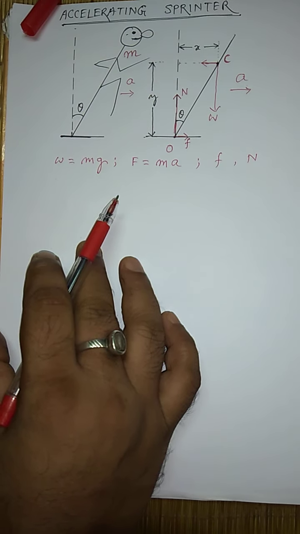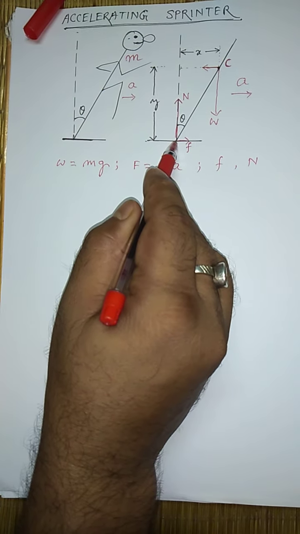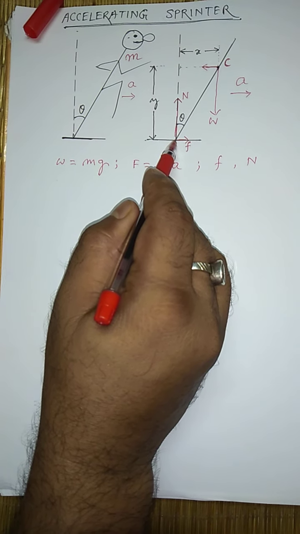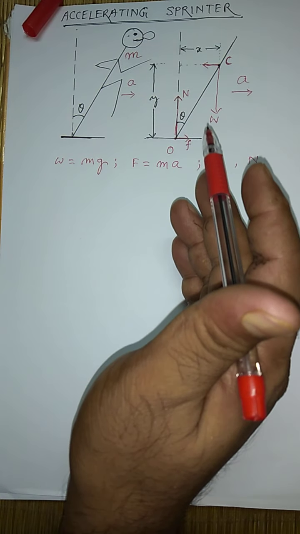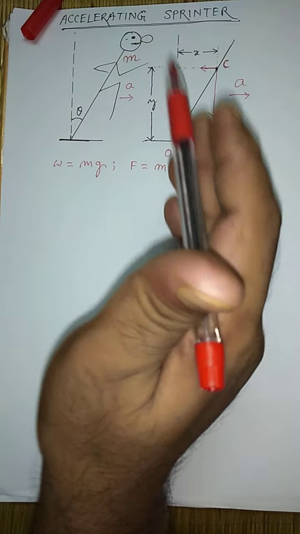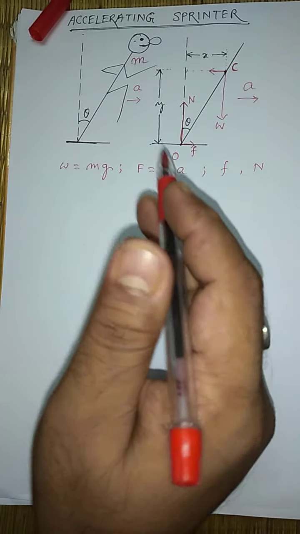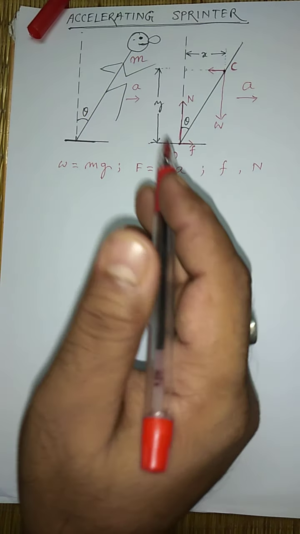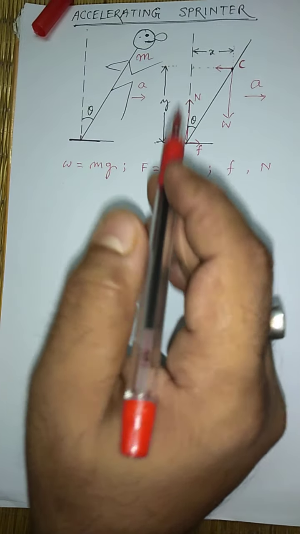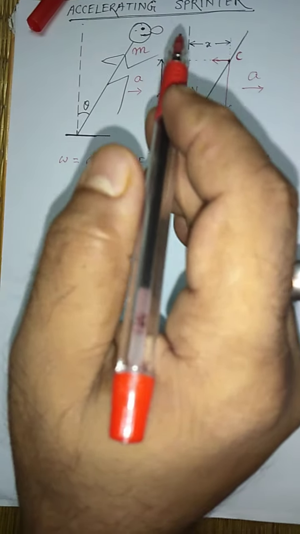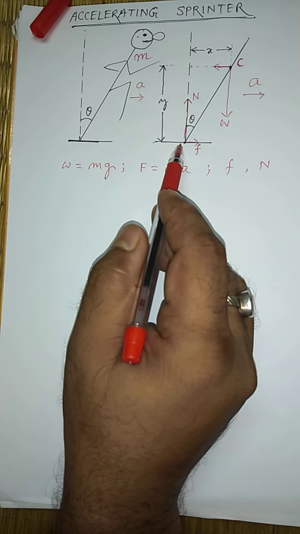Now let's take the moments of all the forces acting on the sprinter about the point of contact. The moment of a force is an axial vector which creates a tendency in a body to rotate, and the magnitude of the moment of a force is the magnitude of the force multiplied by the perpendicular distance of the line of action of the force from the point about which the moment is being taken.